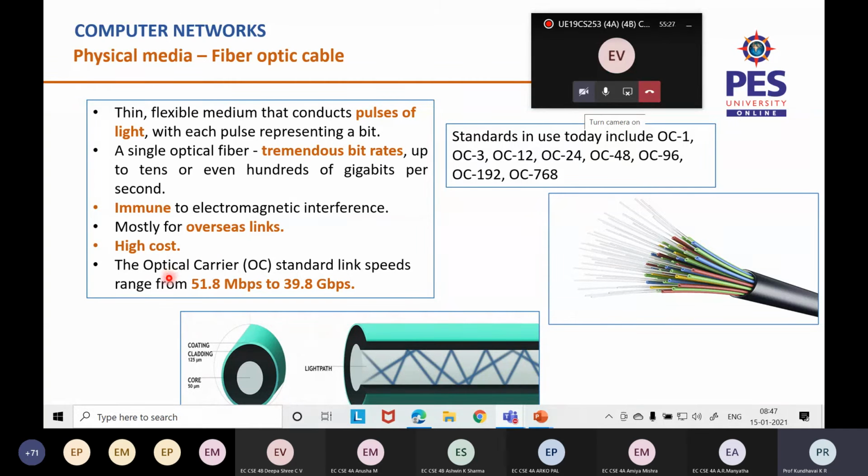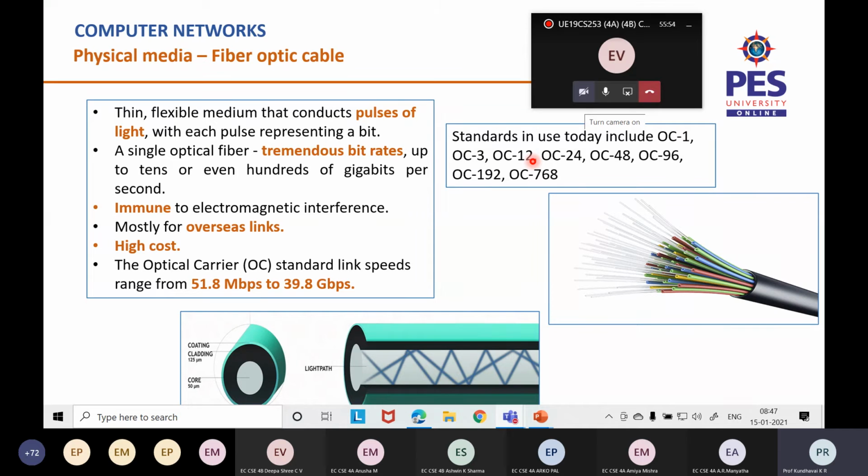The OC standard link, where OC is the optical carrier standard, has speeds ranging from 51.8 Mbps to 39.8 Gbps. That's the average; it can just go on. So the standards used today include optical carrier 1, 3, 12, 24, 48, 96, 192 and 768.